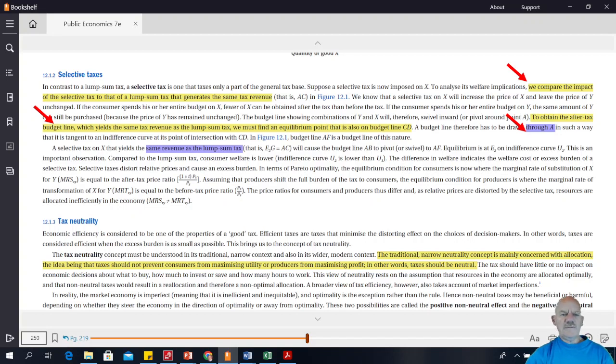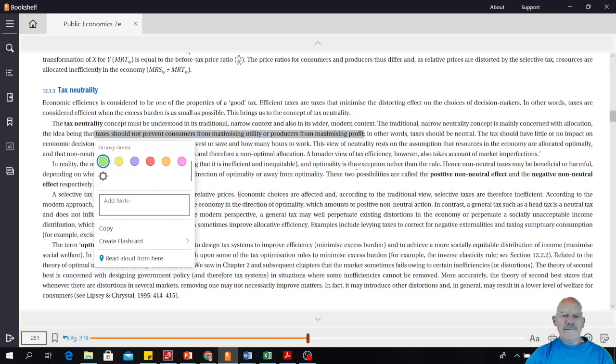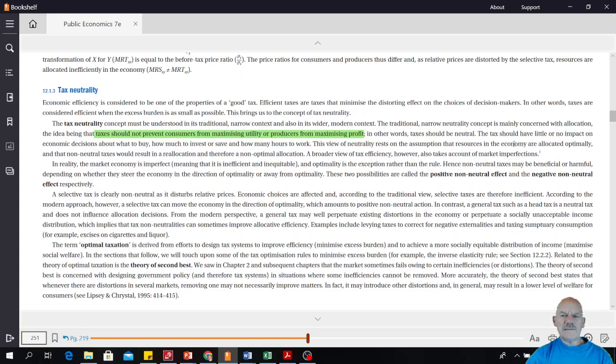Okay, so you can see that 12.1.3 is on tax neutrality, so I'm just going to move to the textbook quickly. Tax neutrality. It's important that you know what tax neutrality means, but it just means that taxes should not prevent consumers from maximizing utility or producers from maximizing profit. Then it's neutral.